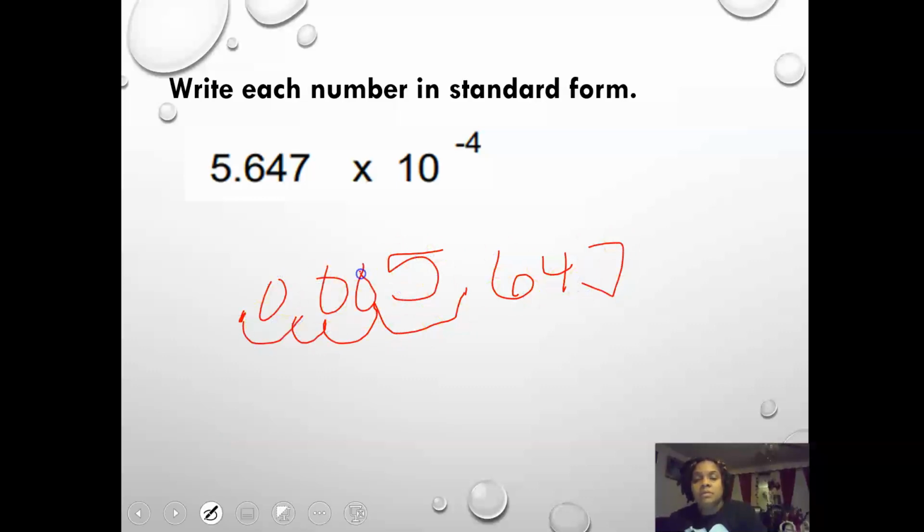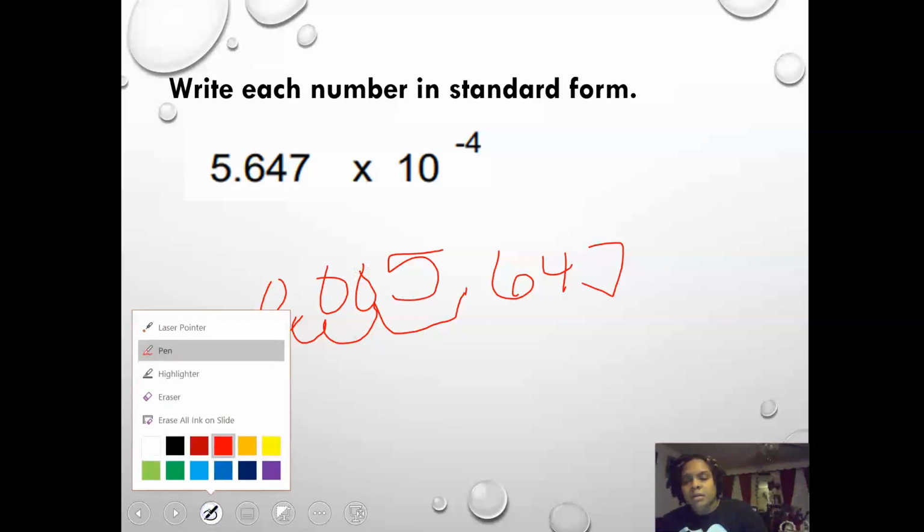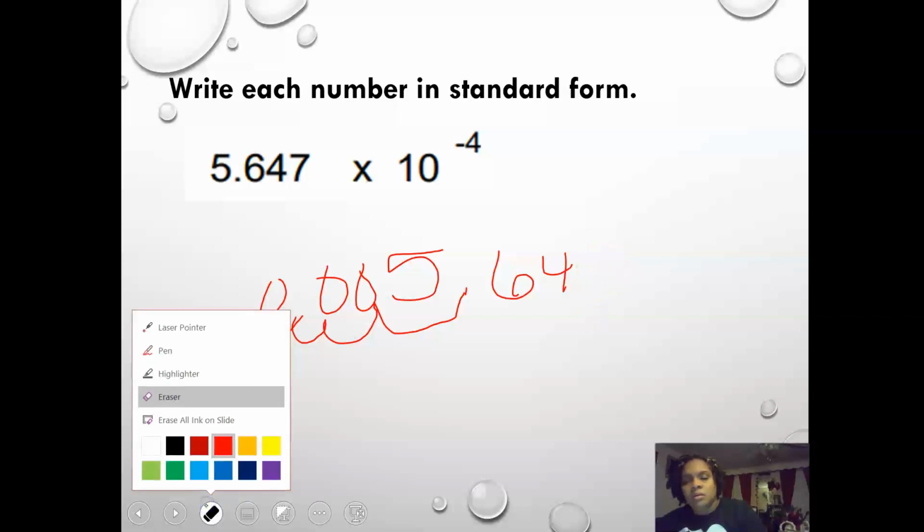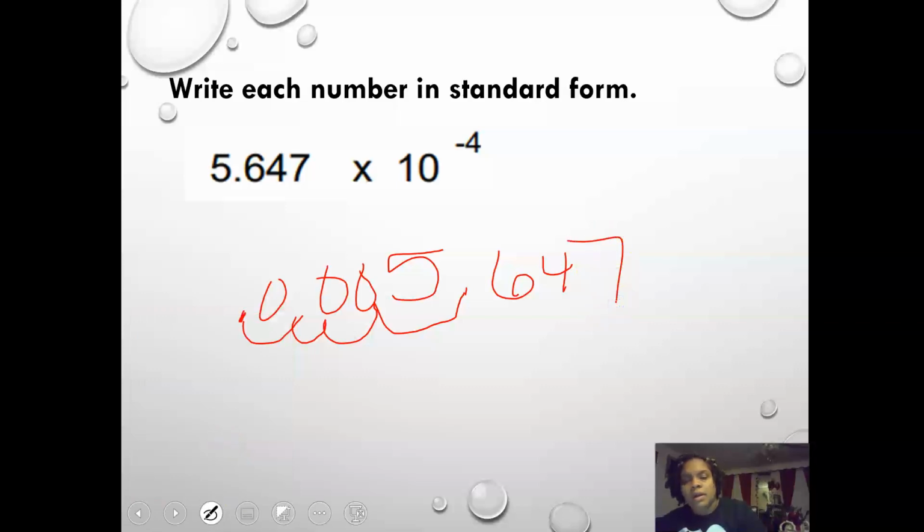And you just fill those in with zeros, and you have 0.003567. And I'm sorry my 7 looks a little bad. All right?